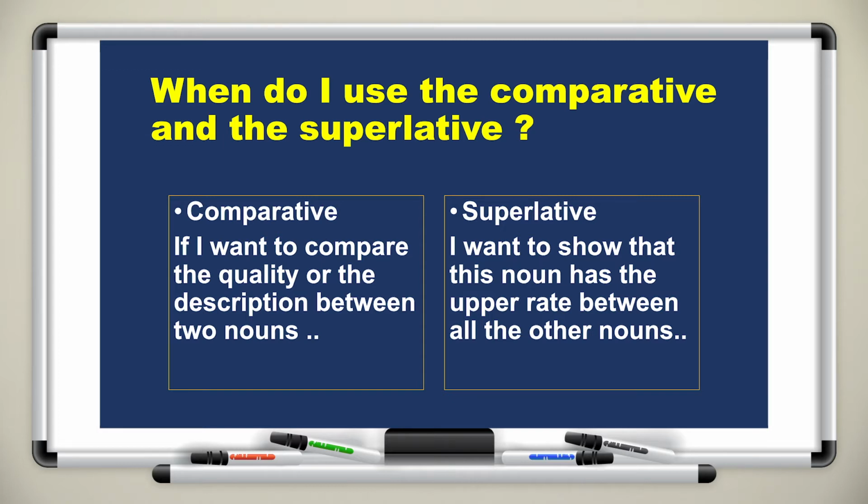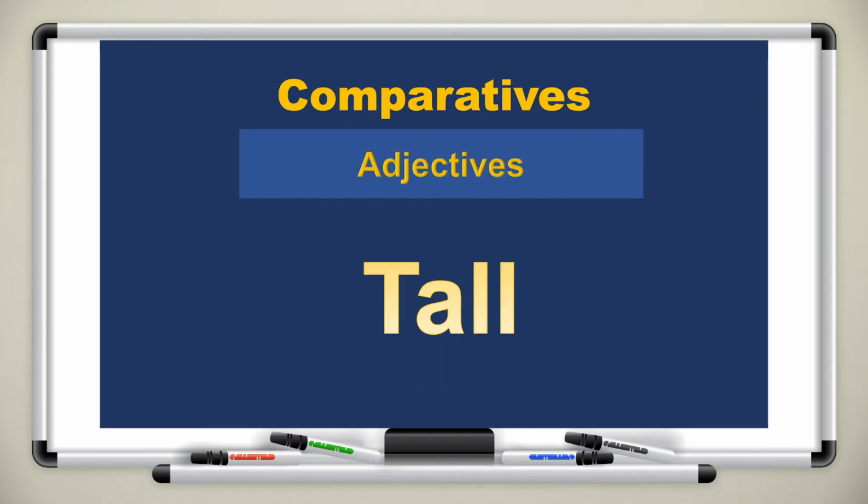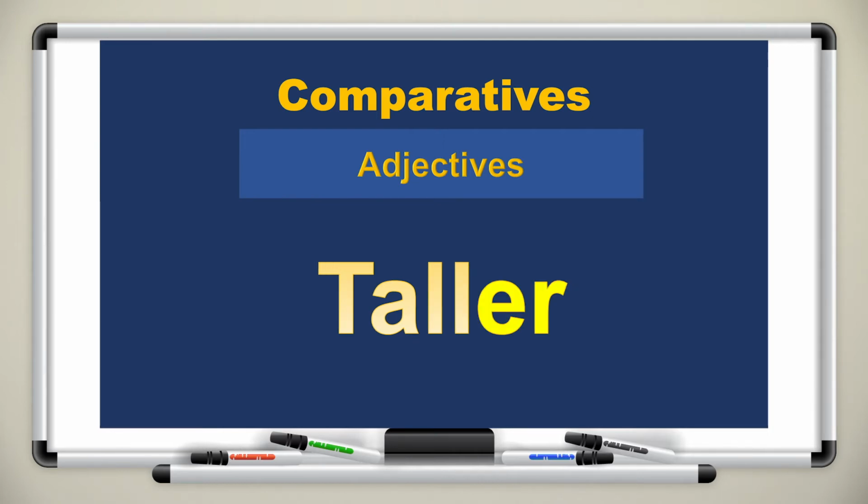Let's take a look. Comparatives are basically adjectives. For example, tall. If I want to compare this person's height and the other person's height, describing them as tall, I will say this person is taller than the other person. So I will add ER at the end of the word. As you can see, taller.